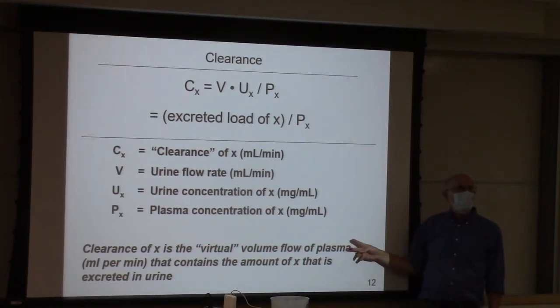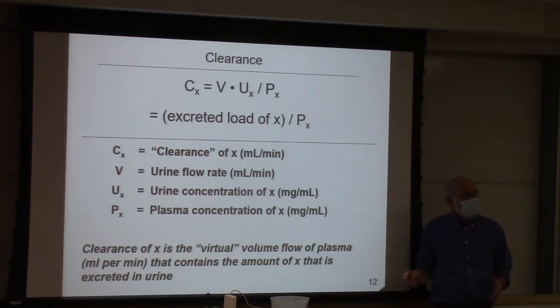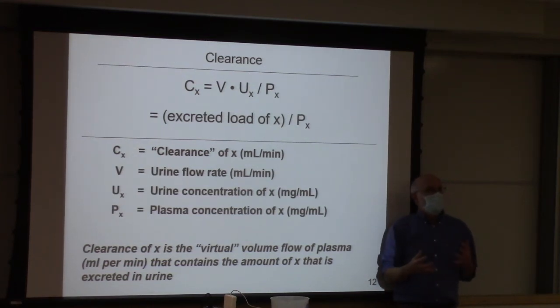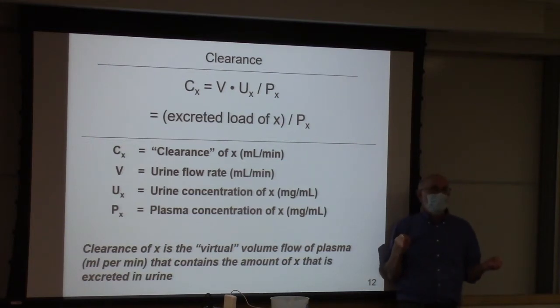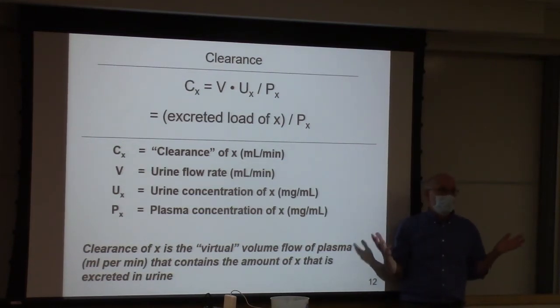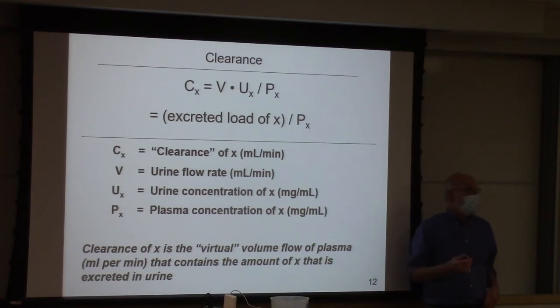It's the flow of plasma that has in it the amount of X that is excreted. So if the excreted load is 0, the volume of plasma from which that X was obtained is 0. There is no clearance, no volume.